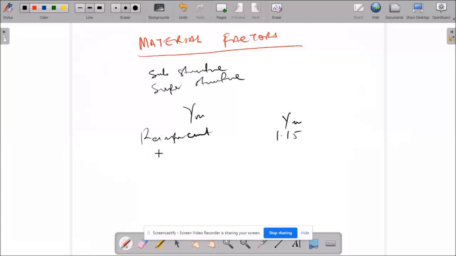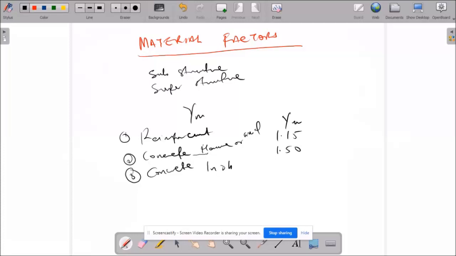Then for concrete, this is given as 1.50 for concrete in flexure or axial load. The third one, we consider concrete in shear, and we use 1.25 as the material factor.